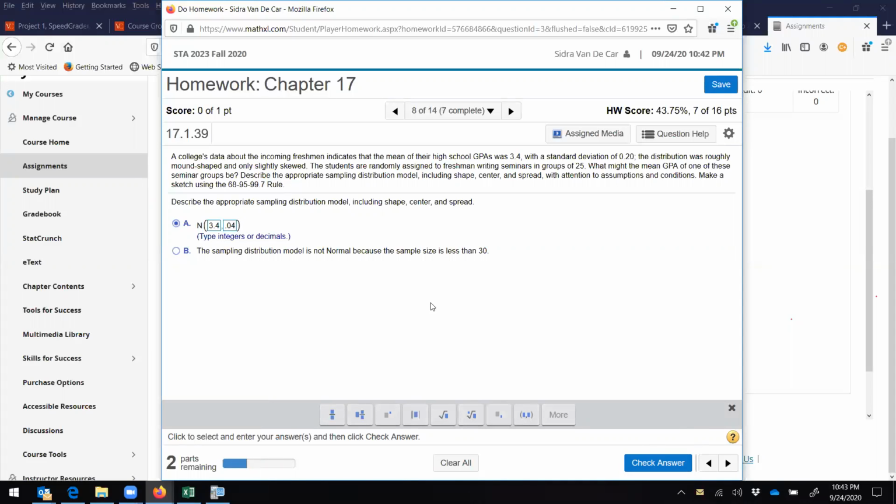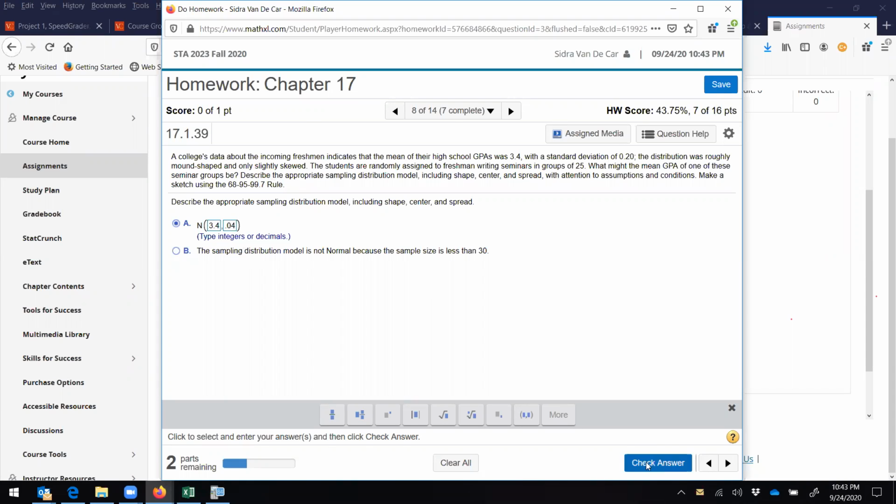Oh, I didn't read this until just now. I didn't see that this was a choice. Okay, so because I'm looking at skewed data, it says it's only slightly skewed, so it should still follow a normal distribution because that 25 is close to 30.